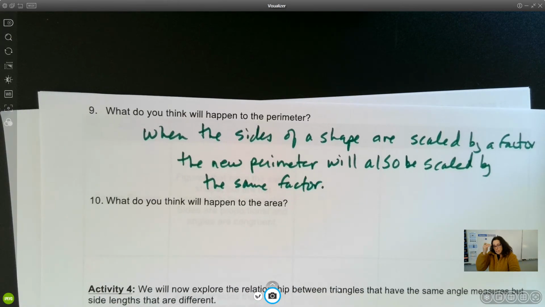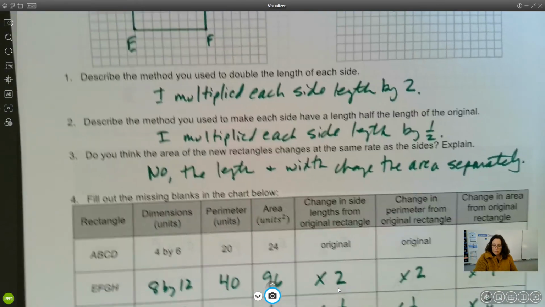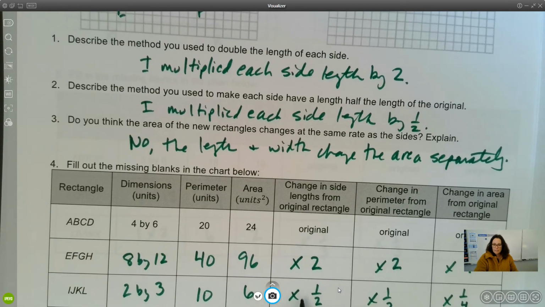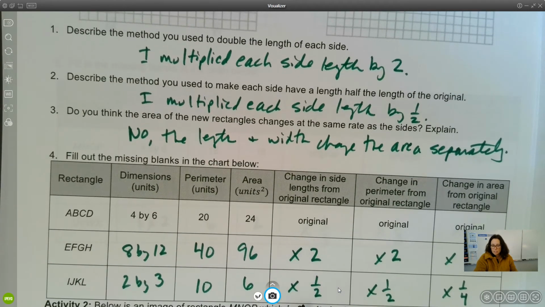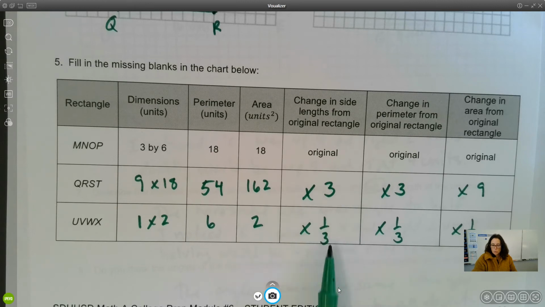You saw that in those tables. Let me go back to them. If the side lengths are doubled or halved, so is the perimeter. If the side lengths are times 3 or a third, so is the perimeter.